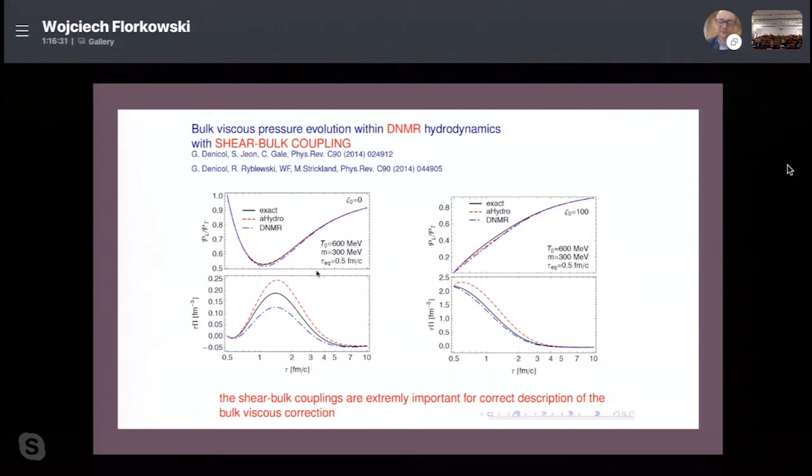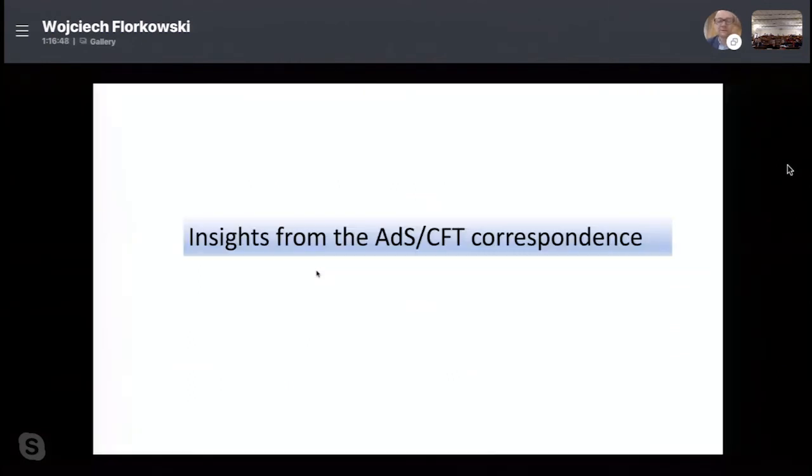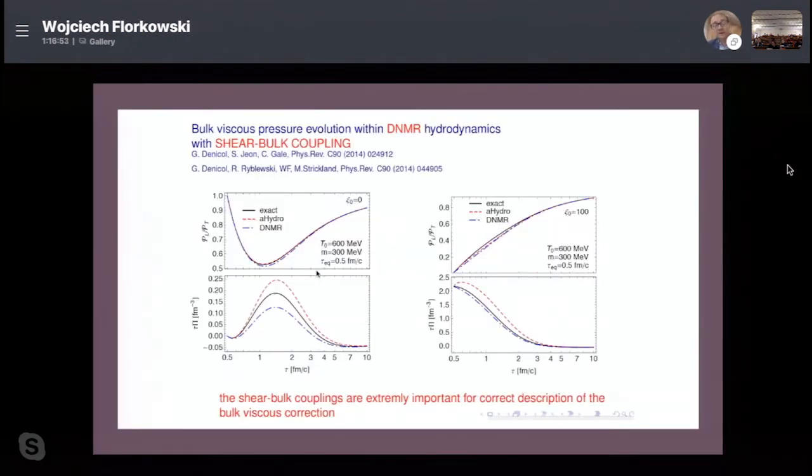We always want hydrodynamics to be an effective theory that describes the system in the possible range of the parameters. Okay, so these were lessons from the comparisons between hydrodynamic and kinetic theory.